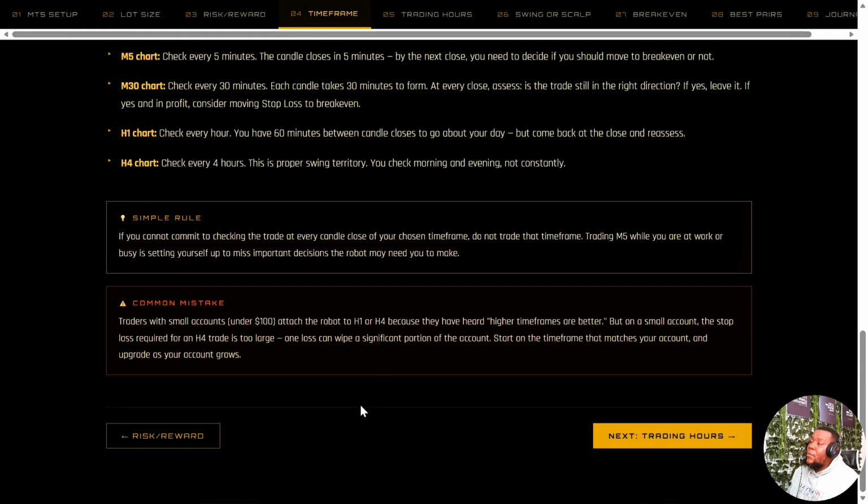Some common mistakes: traders with small accounts under 100 attach the robot to a 4-hour because they have heard higher time frames are better. But on a small account, the stop loss required for a 4-hour trade is too big.